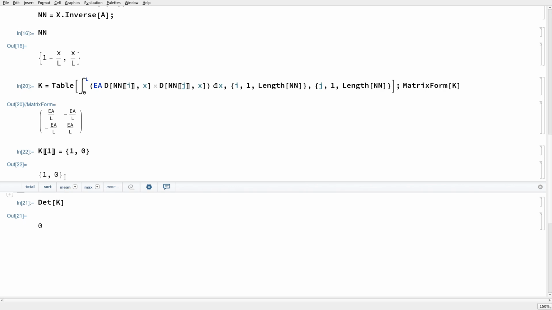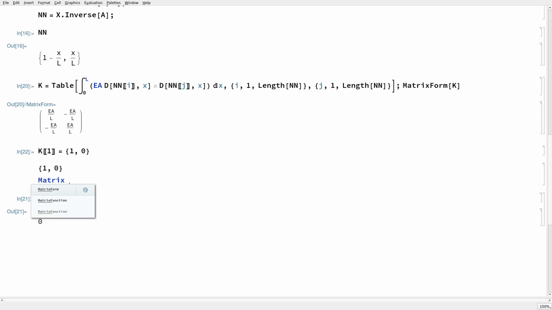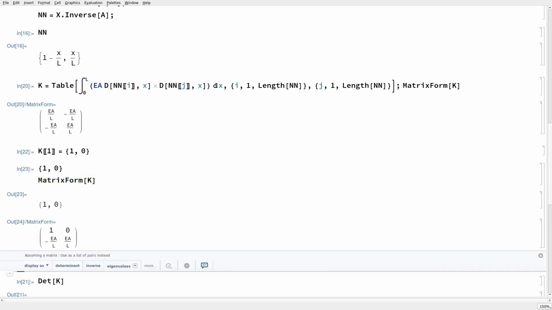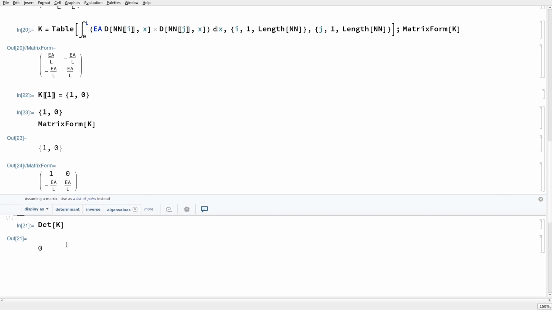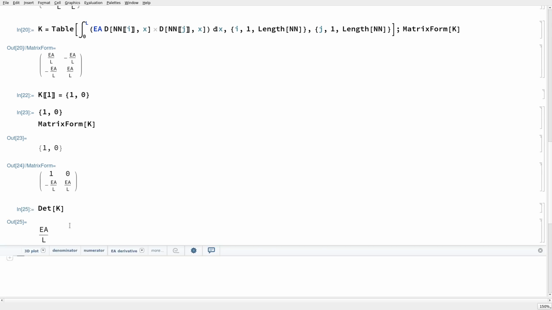Then if I look at what K is, I have that. And then if I take the determinant of K, it's not singular anymore, okay?